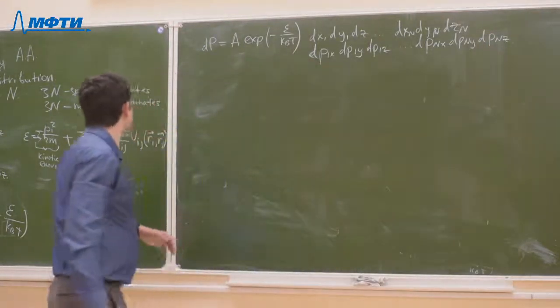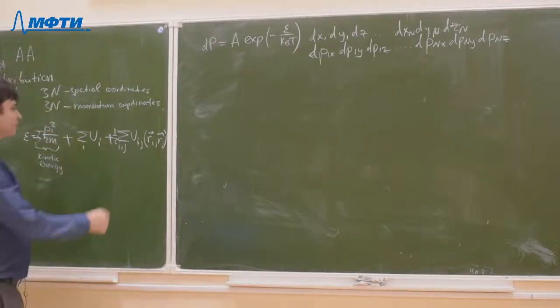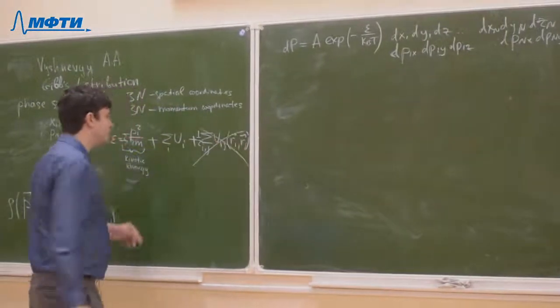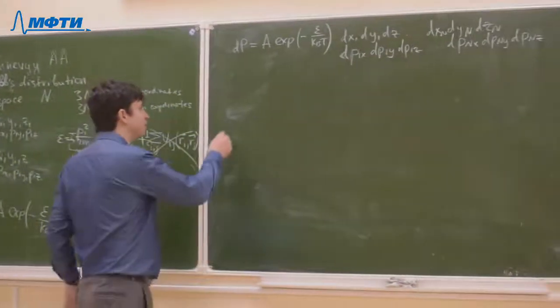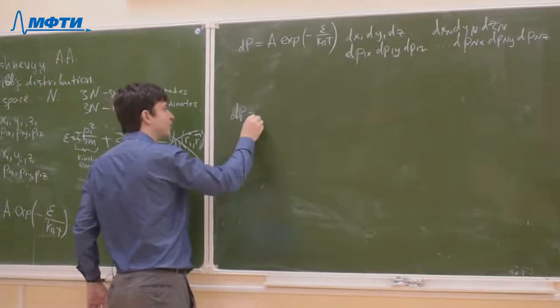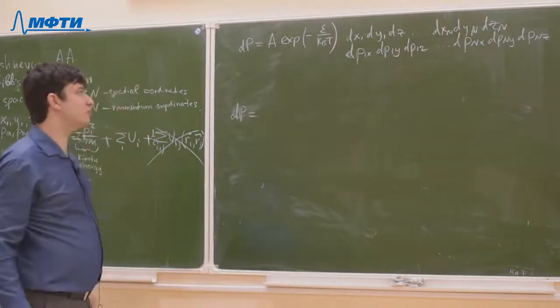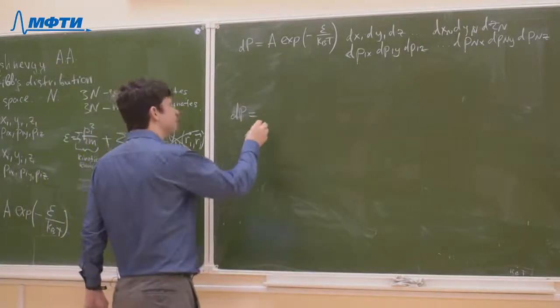But since in the ideal gas we don't have this interaction term, then this probability function can be presented as a product of probability functions related to each of the molecules independently.